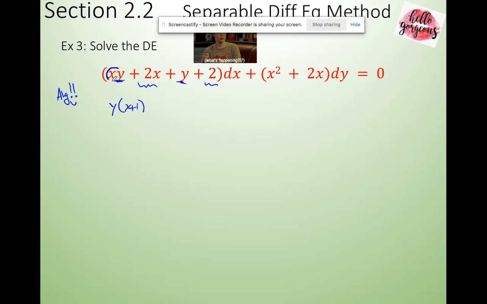Isn't that a way, if I use the associative property and I group those two together? And then I can factor out a 2 out of this expression, and I also get an x plus 1. That's called factoring by grouping, kids. And now I have x plus 1 times y plus 2. Oh, Nelly, that's now a product.